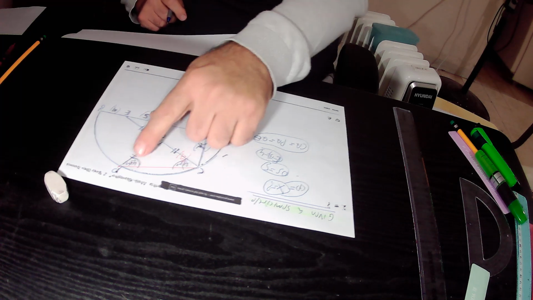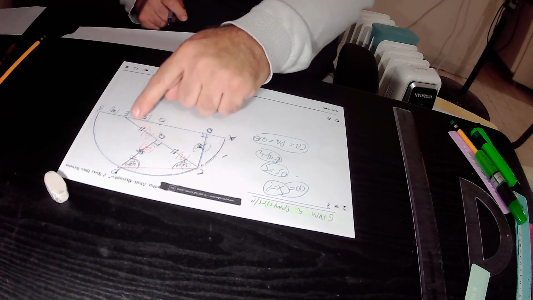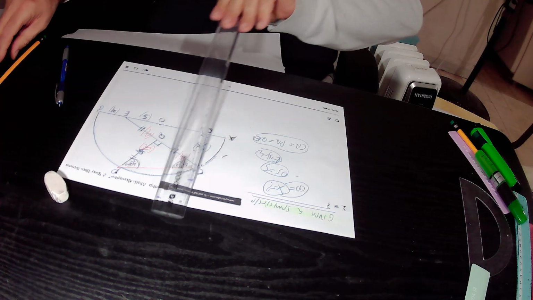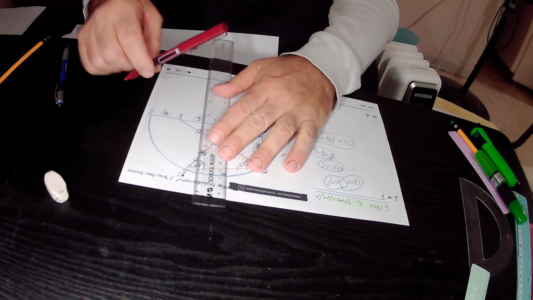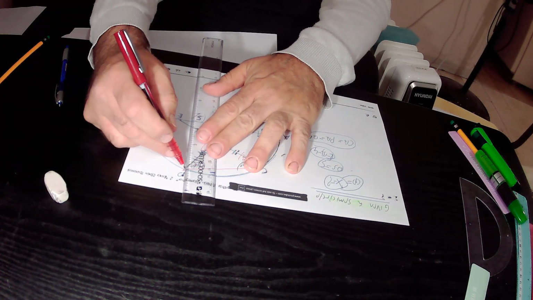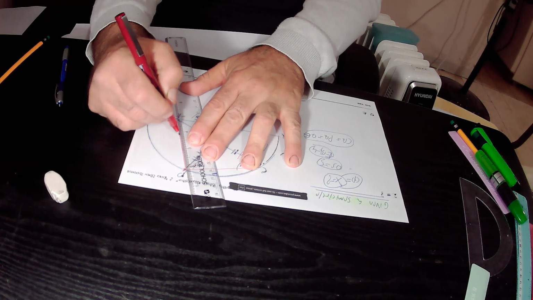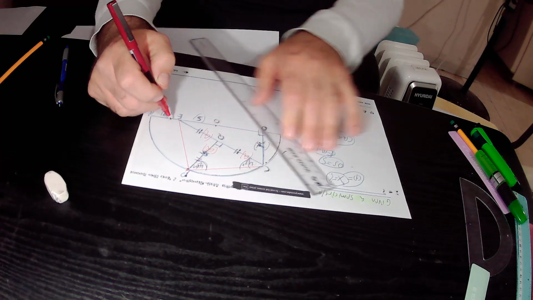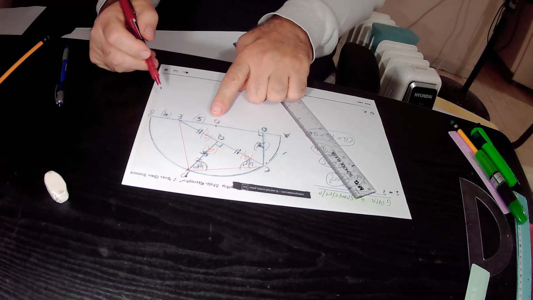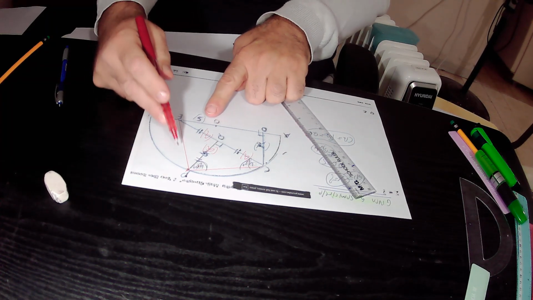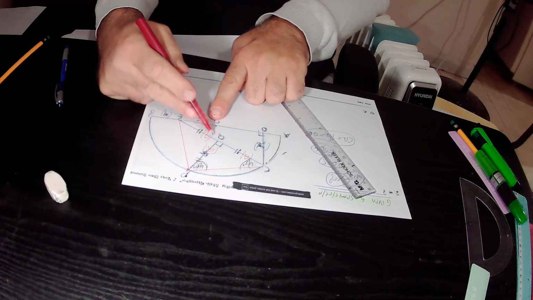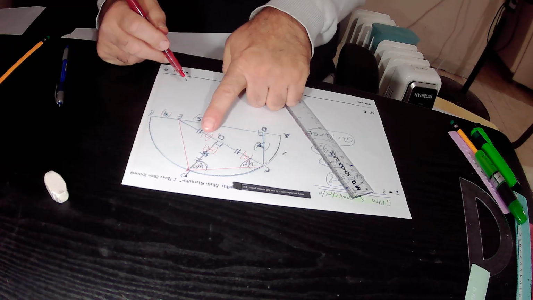We'll also join points P and E together by a straight line. By joining points P and E, we created the triangle PQE. This is triangle PQE.